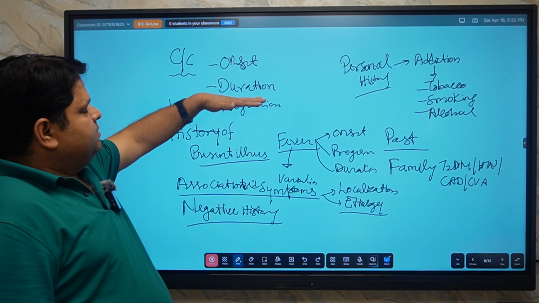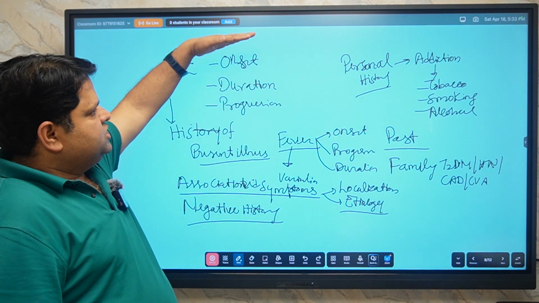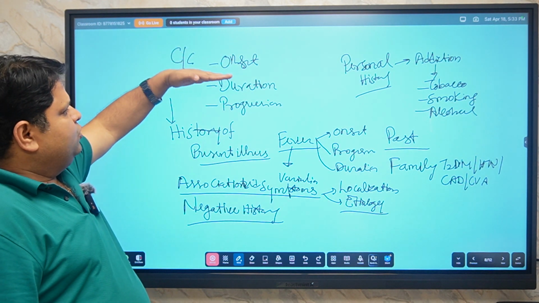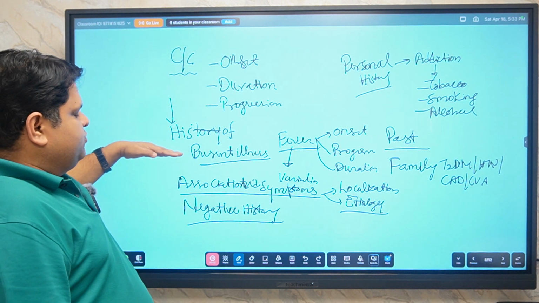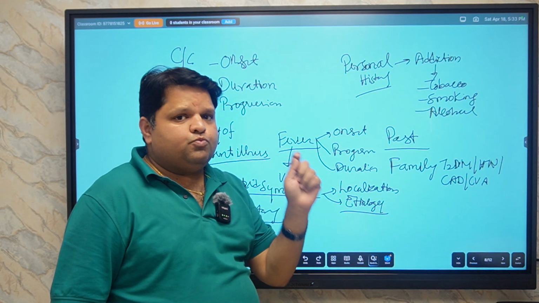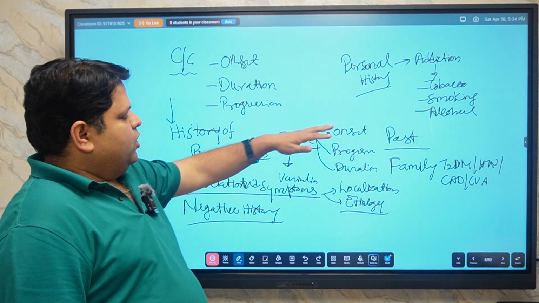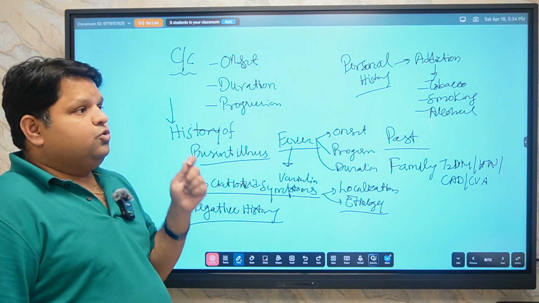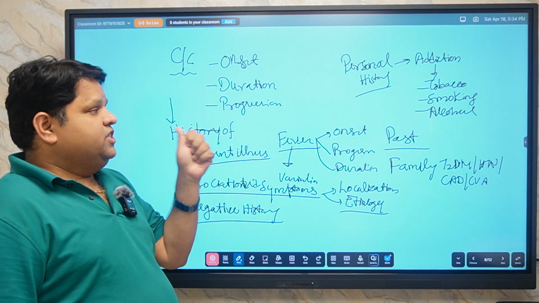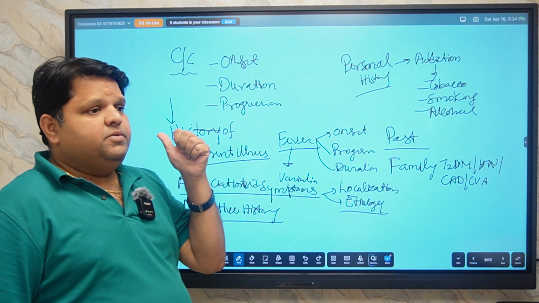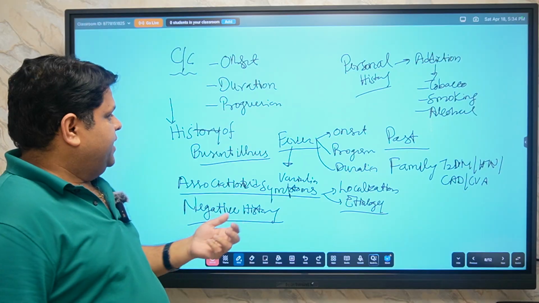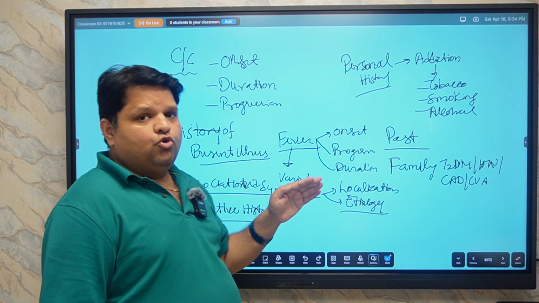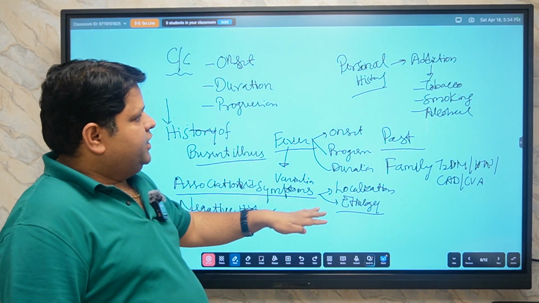For the chief complaints, we will arrange each symptom in sequence according to duration. We will ask for the onset, duration, and the progression. Then the history of present illness, in which we elaborate each point of the chief complaints in detail according to onset, progression, duration, character, variation with time, variation with the day, to find the better cause, along with associated symptoms and the negative history from the localization and etiology point of view.